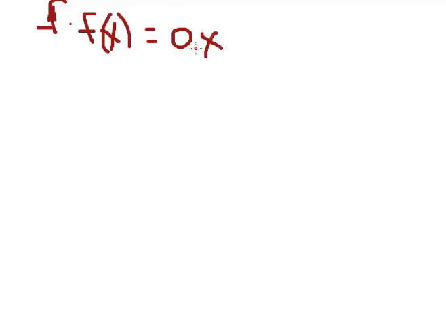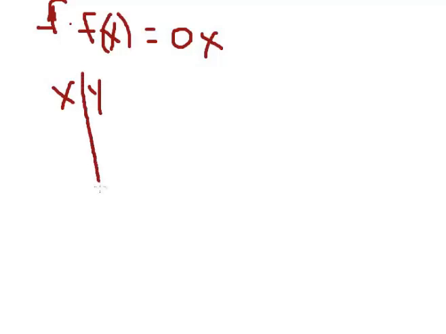It is a function, but regardless of what x is, f of x is always 0. That's fine. However, if one value in the domain, if one x leads to two possible different y's, then it's not a function.